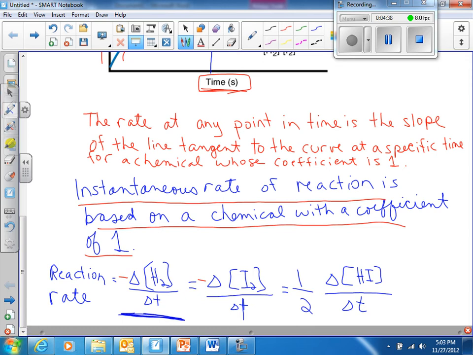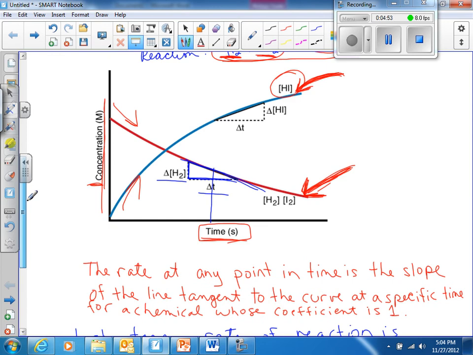And note, I put a little negative sign here. This negative sign is because when we look at reaction rates, we talk about reaction rates being positive. Reactants are being used up. So the slope will be negative for reactants and this slope will be positive for products.